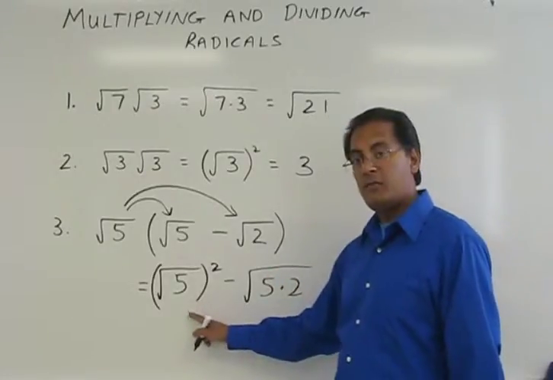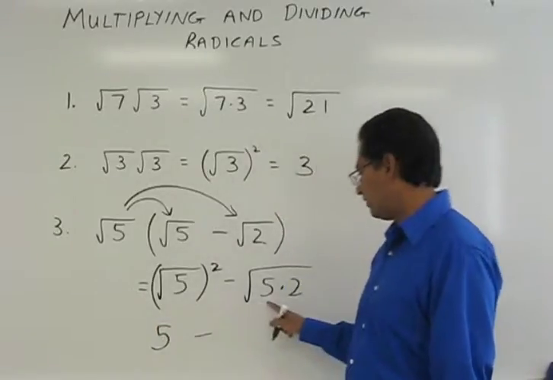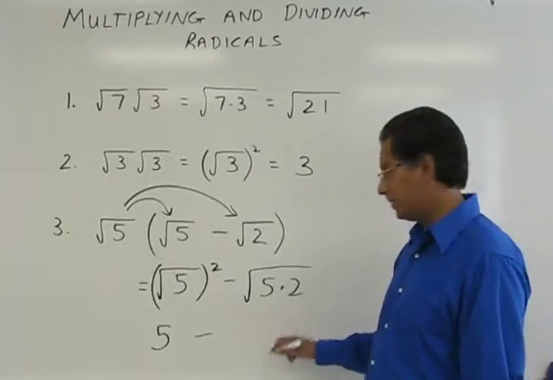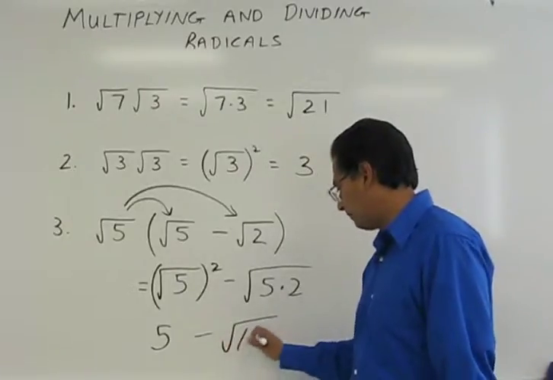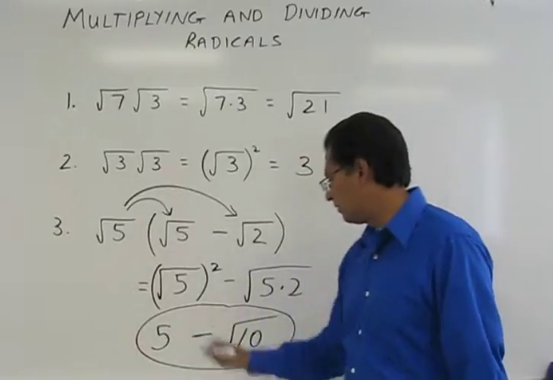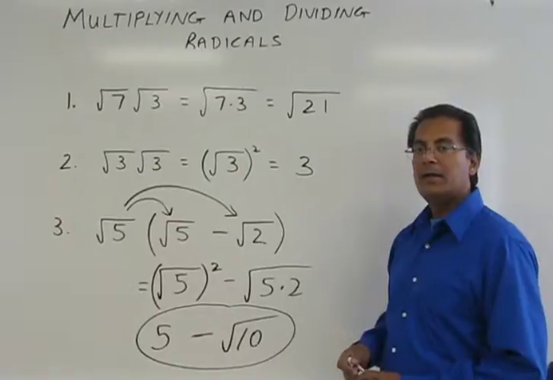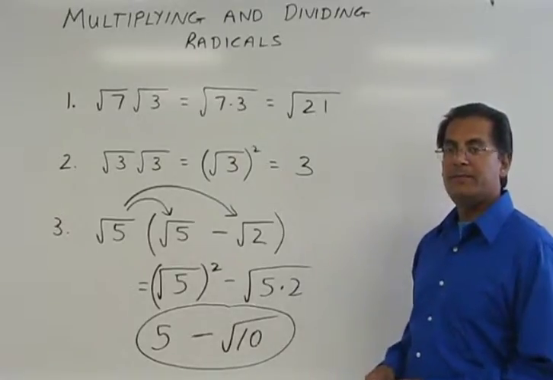The square root of 5 squared, as we've seen, is just 5, minus the square root of 10. So the solution to this one would be 5 minus the square root of 10, if we were to multiply this through.